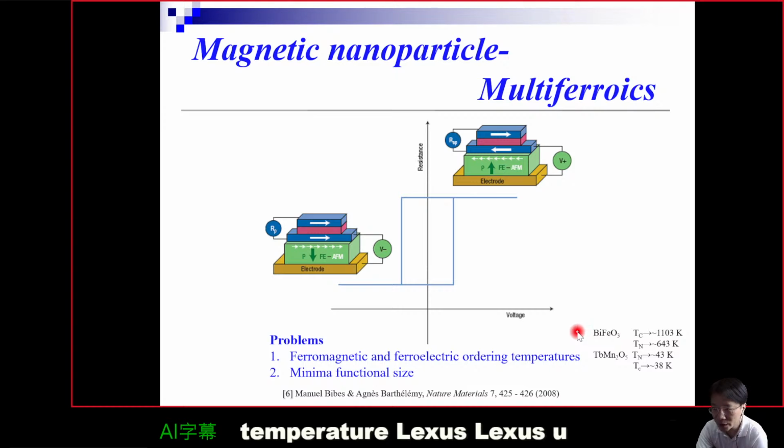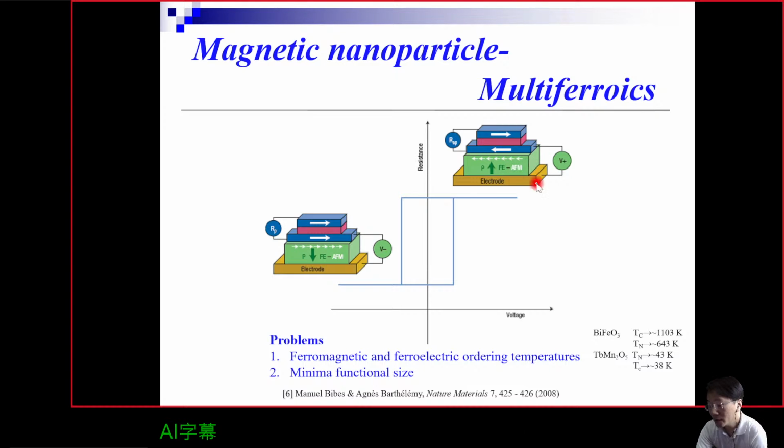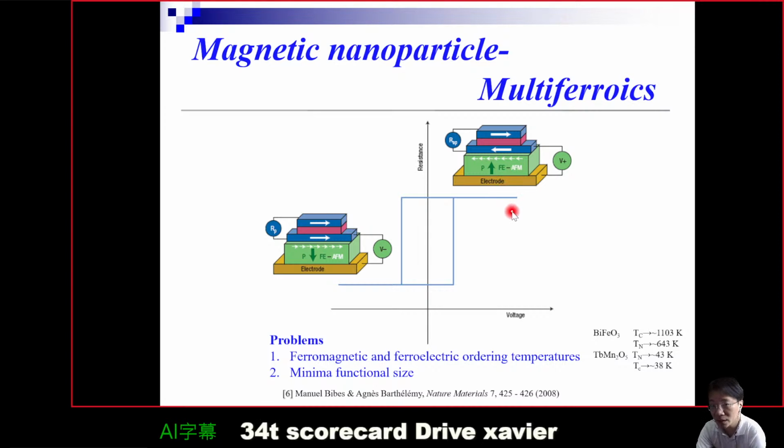The other issue is that if you want to make a magnetic memory, the recording density is quite important. You don't want to use a very large unit for recording, because the density for a typical hard drive is roughly 600 gigabit per square inch.